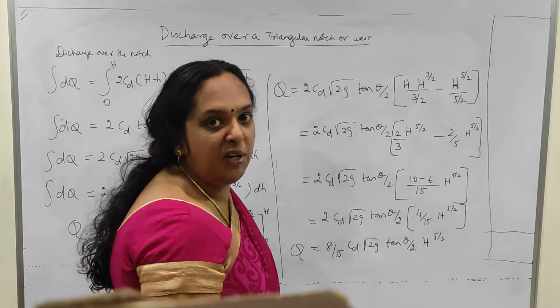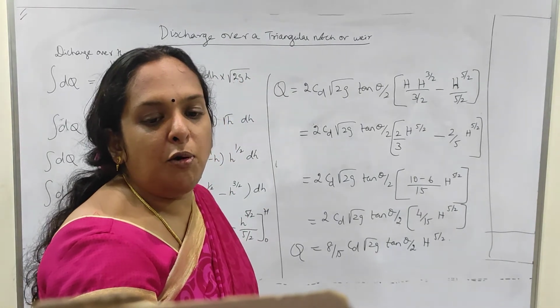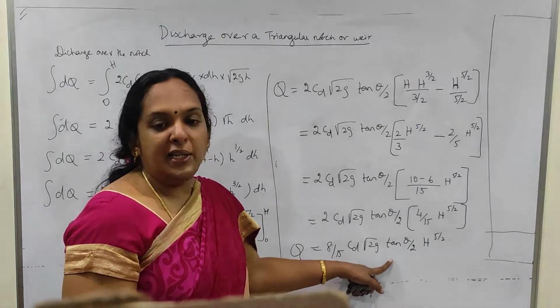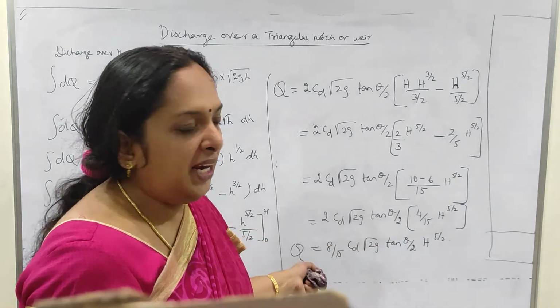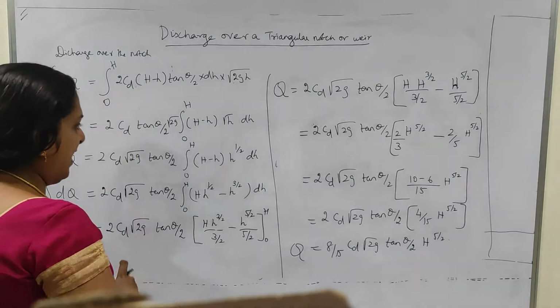So this is my equation for my discharge. What is the equation I have got? Q is equal to 8 by 15 Cd root 2g into tan theta by 2 into h to the power of 5 by 2.